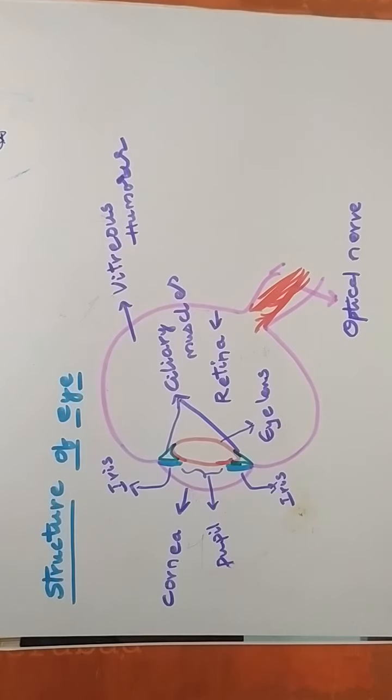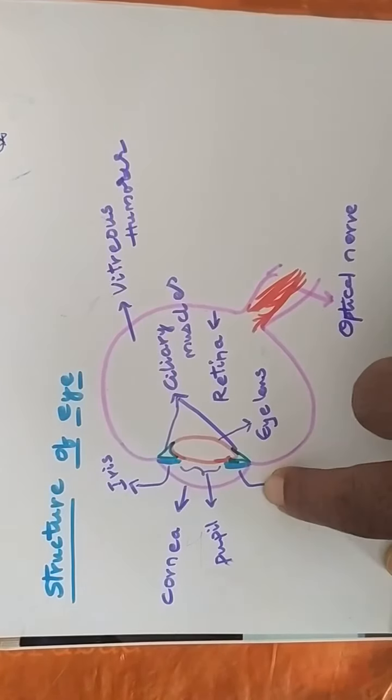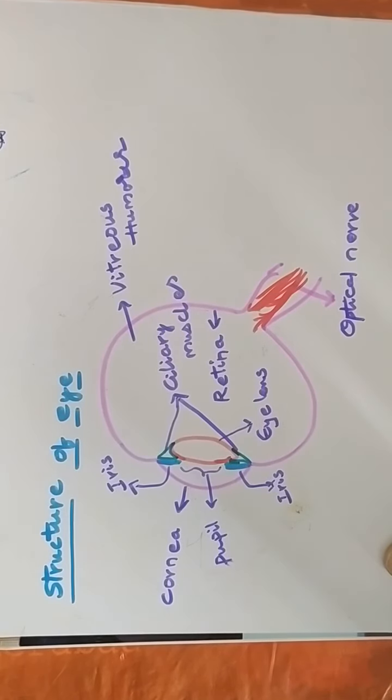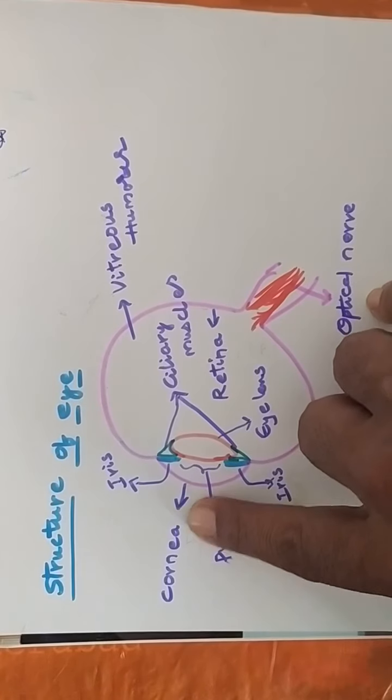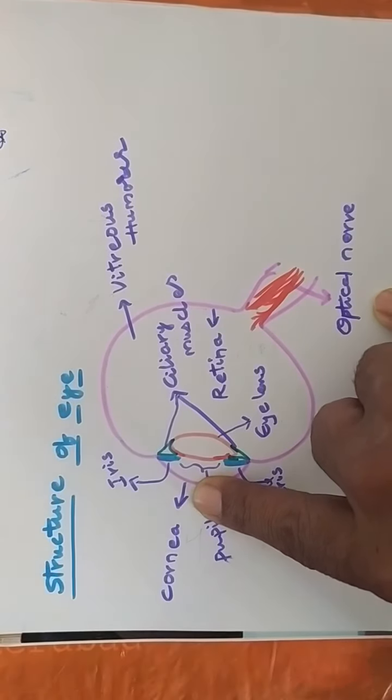If you look at the structure of the eye, it consists of the eyeball, which is nearly spherical in shape. And if you look at the front part, it is the cornea, which is made up of a transparent material.